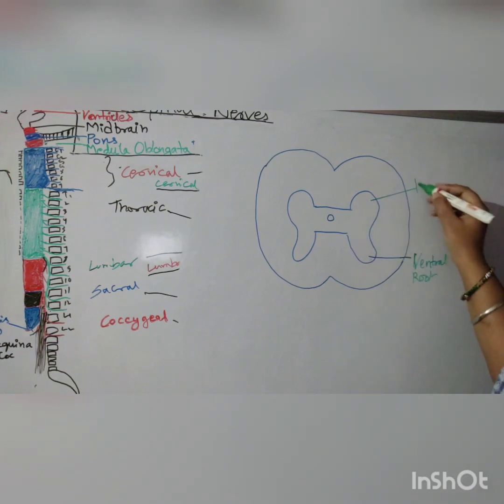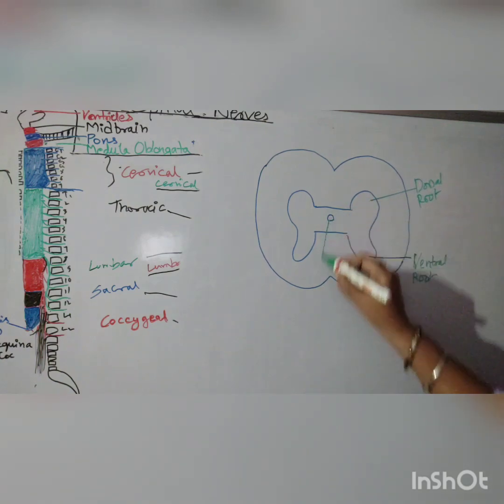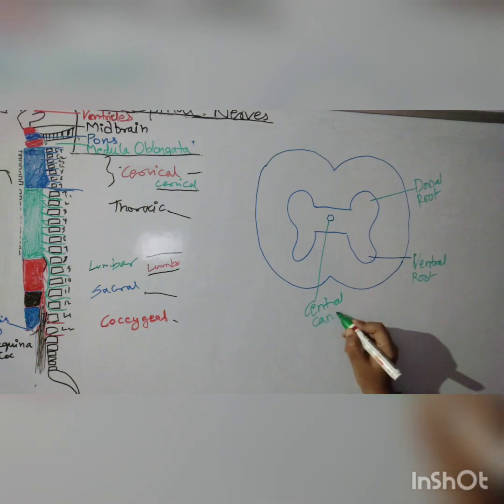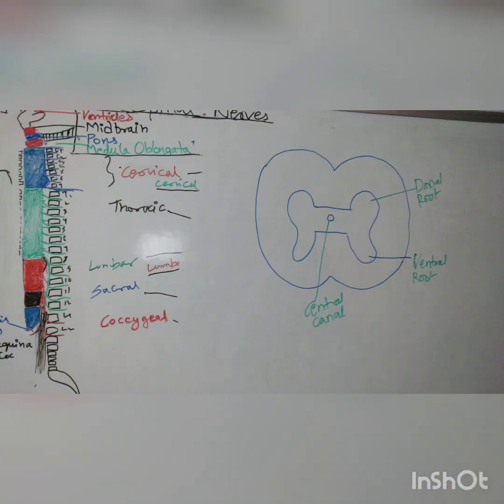This is your dorsal root. This is your central canal, in which CSF is present. This dorsal root carries the sensory impulses to the brain.